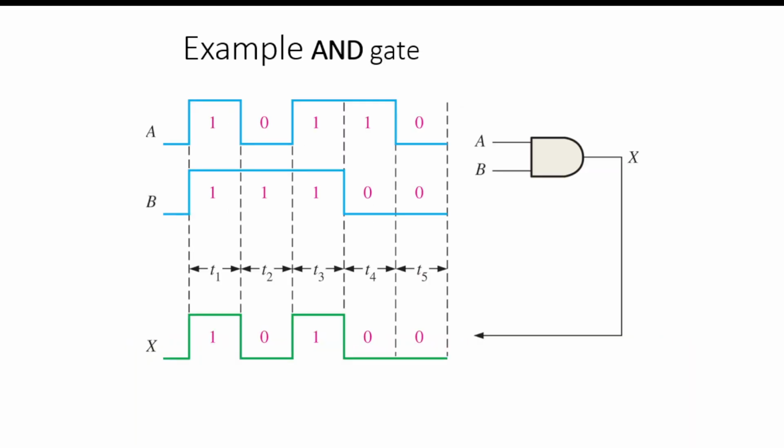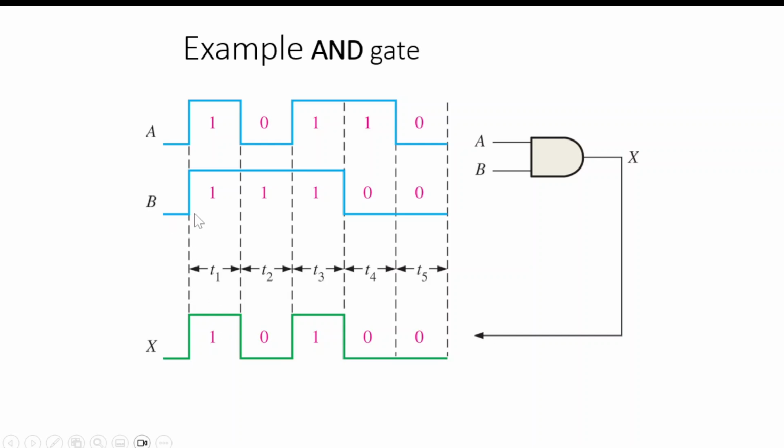I have a number of different examples that I'm going to go through of AND, OR, and NOT gates. And what you'll notice is that each of them has different time sections. Time section 1, 2, 3, 4, 5. And since this is an AND gate, you would expect two highs in order to get an output that's high.